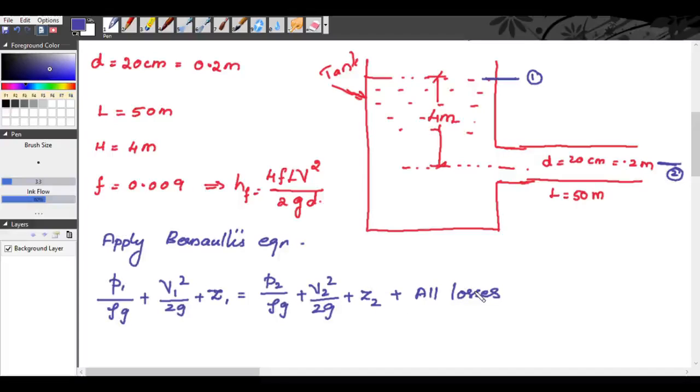So, here we have major losses and minor losses. All losses means it includes major loss as well as minor losses.